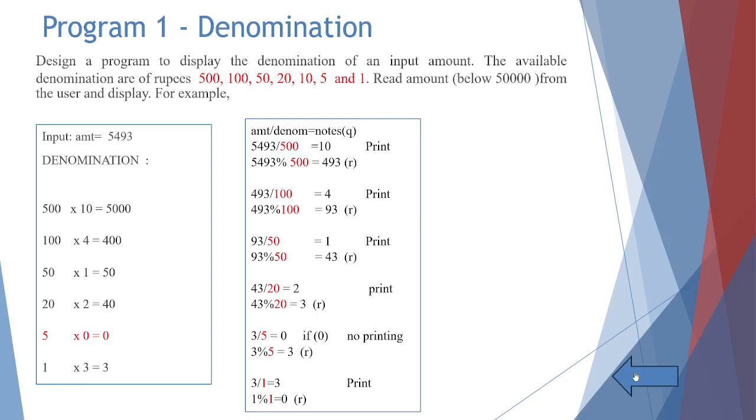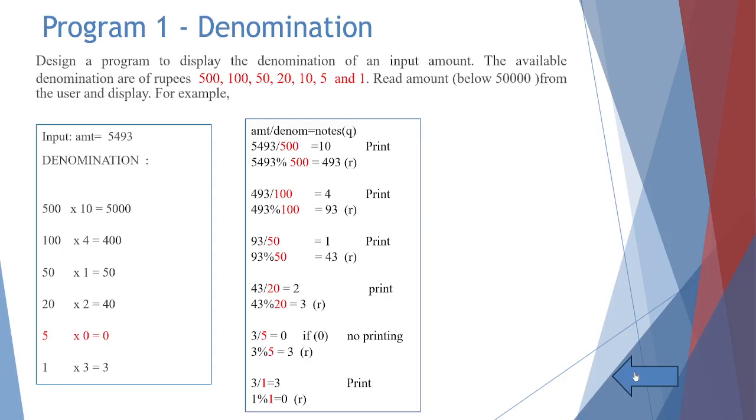So no printing, but 3 will be divided by 1 and 3 notes. So the amount is being modified and the denomination is also being modified. And the quotient is giving the number of notes and the remainder is for the new amount.